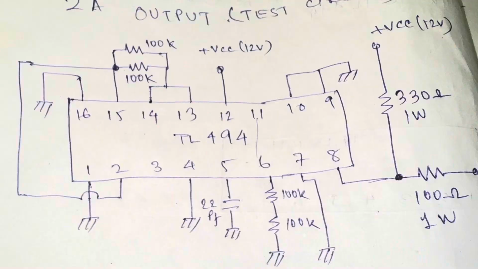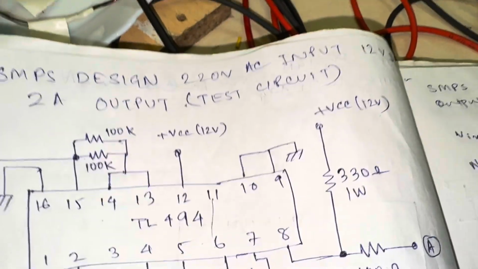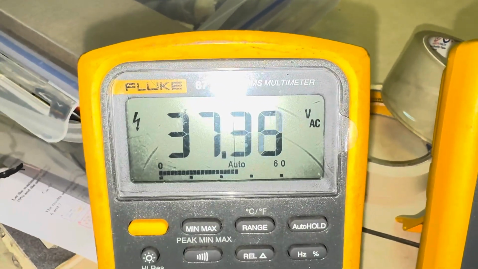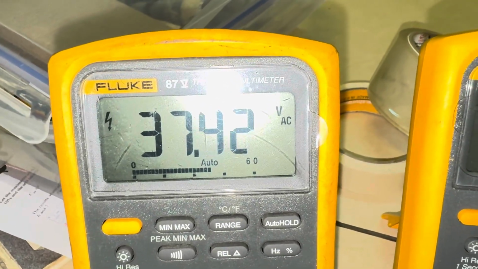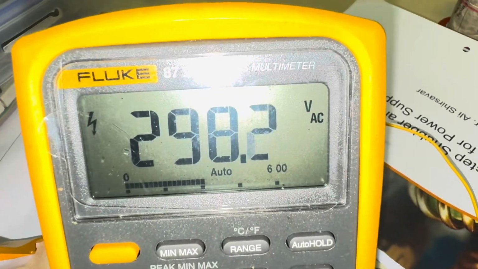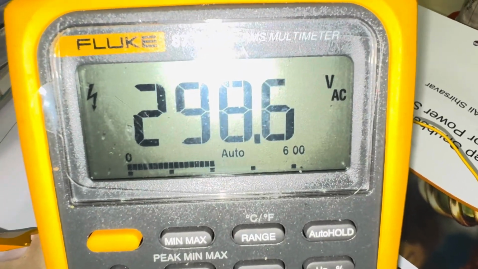Just a minute, let me switch off the light. I am facing some issues here, so I will show you from a little far. You can see 37 volts AC. You can see this is the transformer output, and here you can see this is the MOSFET. This is the voltage across the primary of the transformer.